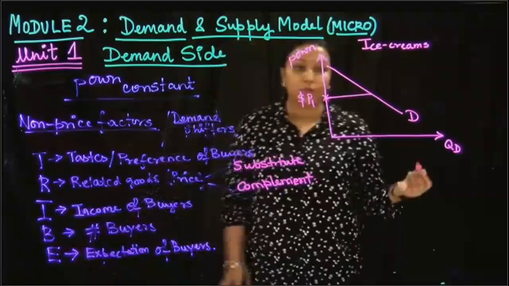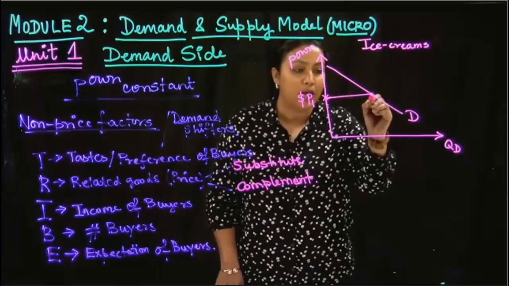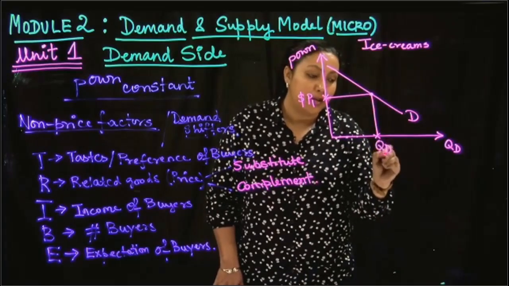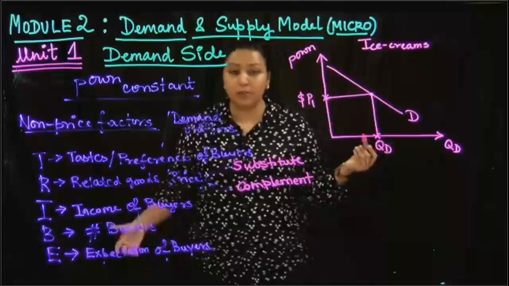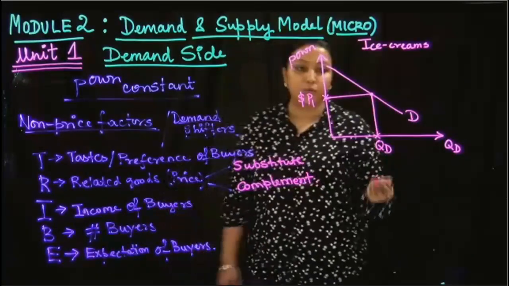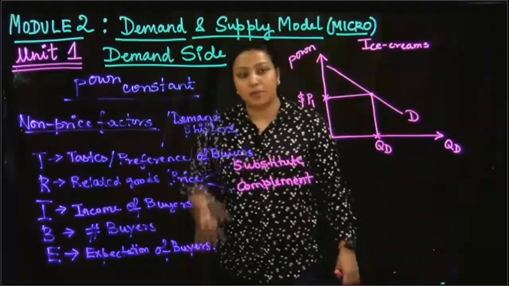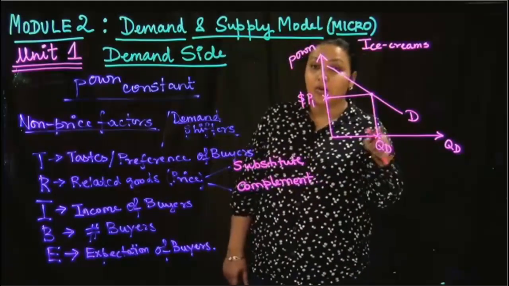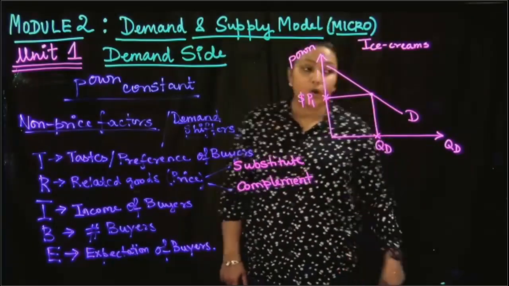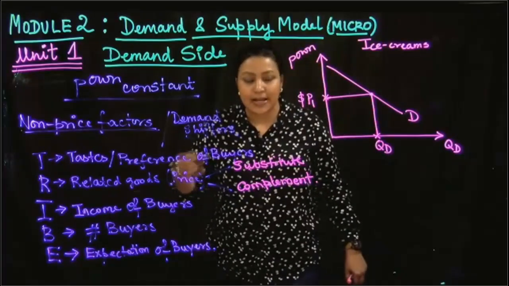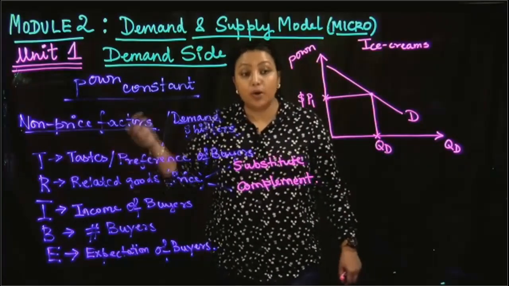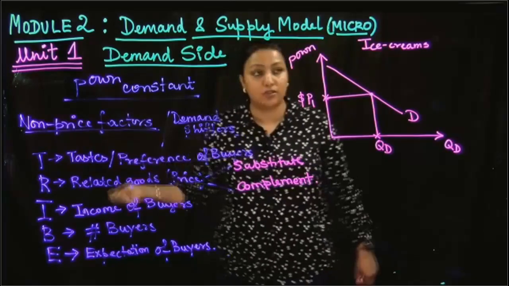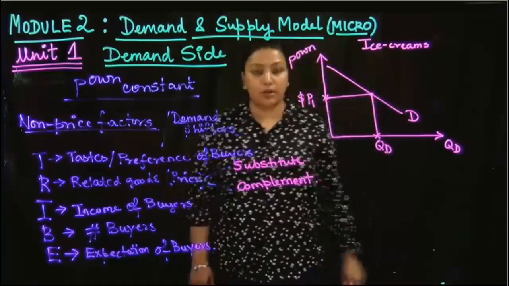For us this P1 was $5 if you remember, and we have a quantity demanded, and it could be really any quantity, but I think for us the quantity demanded was 13 ice creams at price $5. And if you remember, how did we get that quantity demanded? We got that quantity demanded by adding up horizontally the quantity demanded of every individual buyer of ice cream in the ice cream market. Okay.